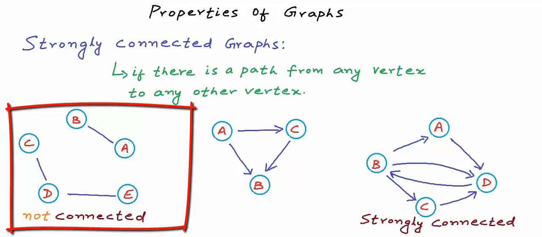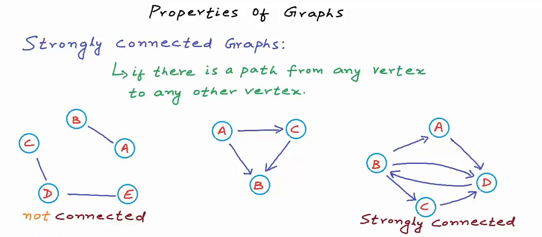Now we have two disjoint connected components here, but the graph overall is not connected. Connectedness of a graph is a really important property. If you remember, an intra-city road network within a city that would have a lot of one-ways can be represented as a directed graph. Now an intra-city road network should always be strongly connected. We should be able to reach any street from any street, any intersection to any intersection.